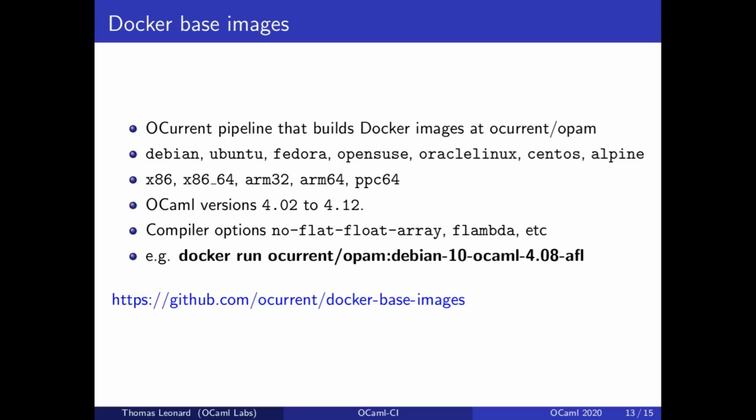And every week it builds these images and pushes them to Docker Hub. And if you'd like to use them yourself, you can run a command like this. So this is docker run ocurrent/opam debian-10-ocaml-4.08+afl, and that will give you a Docker container that's based on Debian 10 that has OCaml 4.08 installed and compiled for fuzzing with AFL, for example.